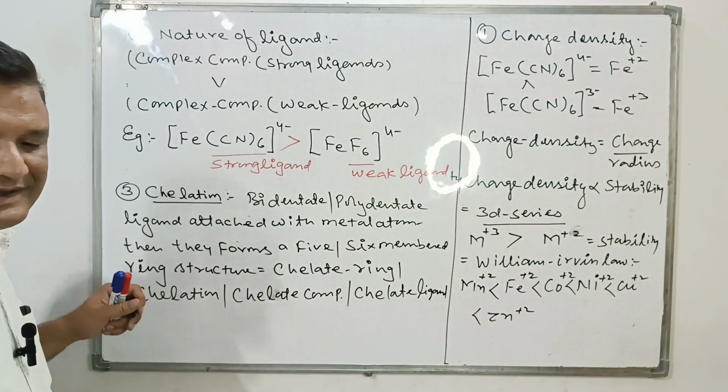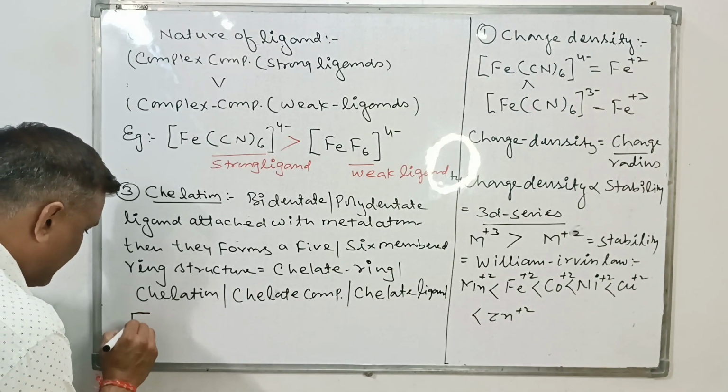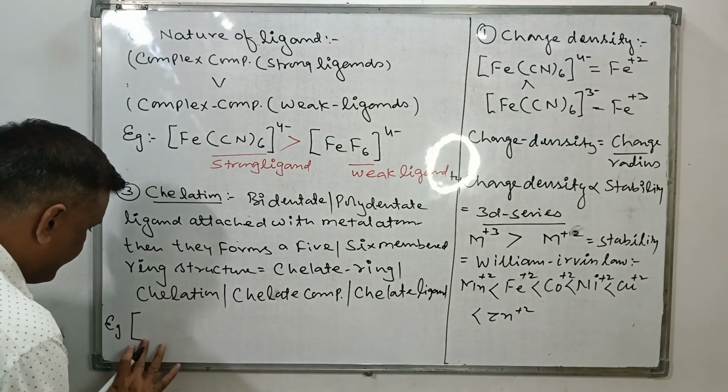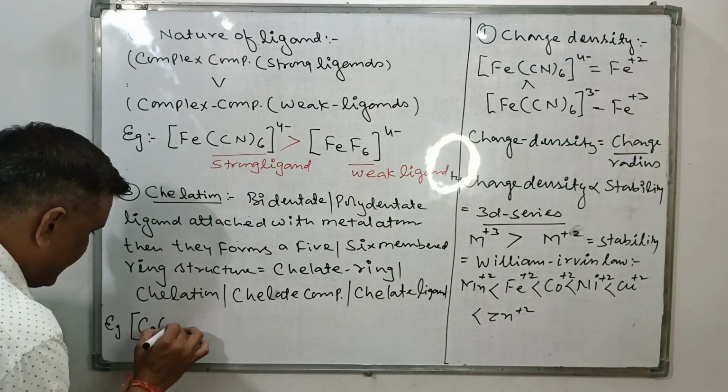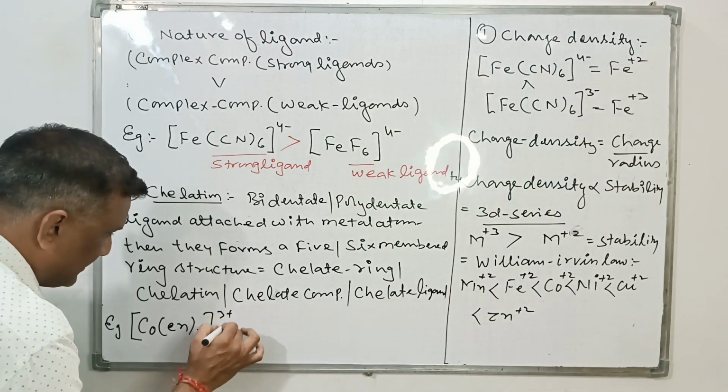If we go with an example, suppose there is the complex compound [Co(en)3]3+.